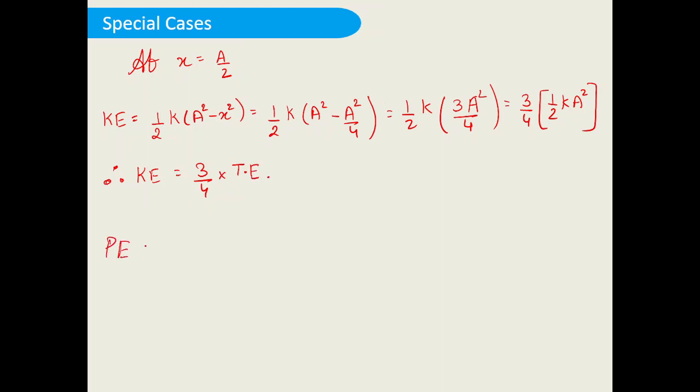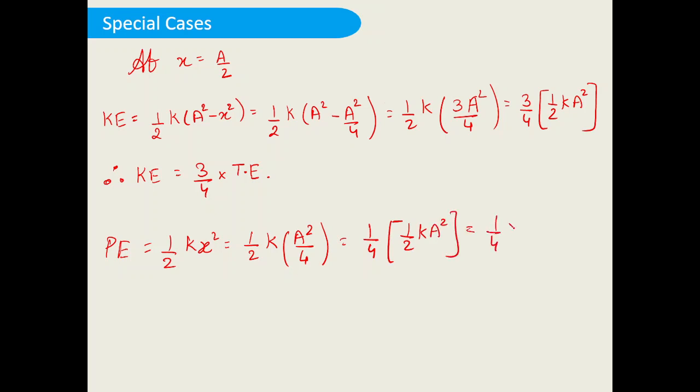Similarly, you calculate potential energy. Potential energy is equal to half k x square. So this equals half k x square, meaning a square divided by 2 square, which is 4. So you can say 1 upon 4 into half k a square. Half k a square is nothing but total energy. So this is 1 upon 4 into total energy.